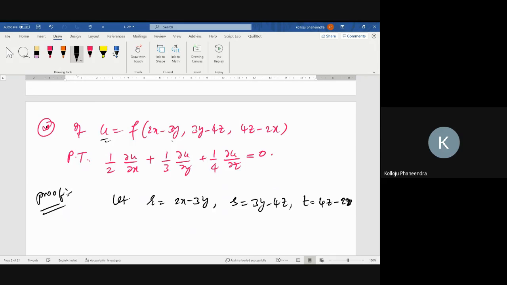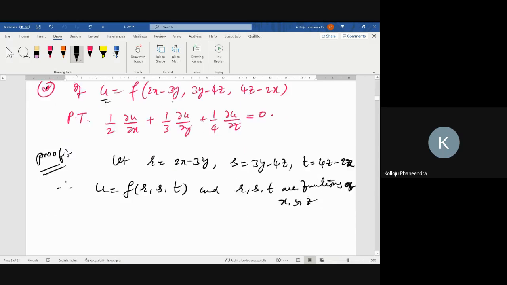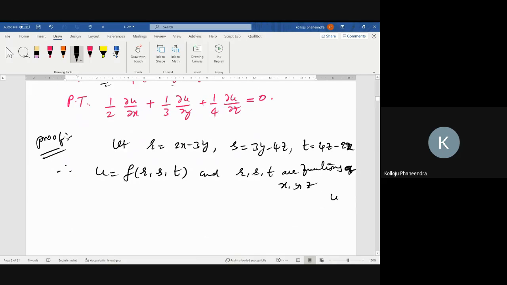Therefore, u is now a function of r, s, t, and r, s, t are functions of x, y, z. Therefore, u is a function of x, y, z.